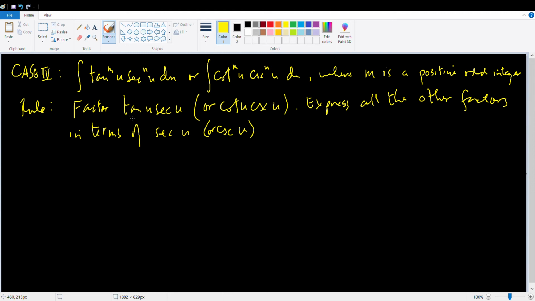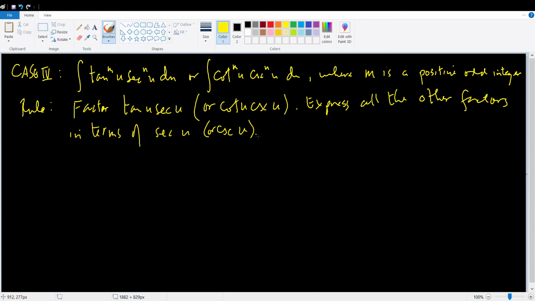Purposely, we are factoring tangent u secant u because we know that this is the derivative of secant. So if we have a power of secant and it appears with tangent u secant u, we can of course use the power formula.